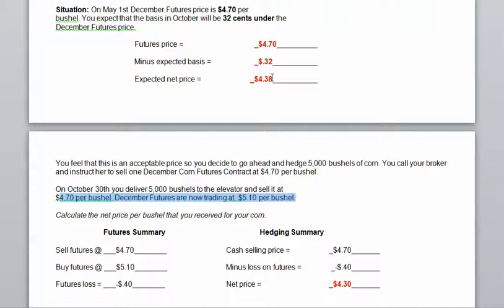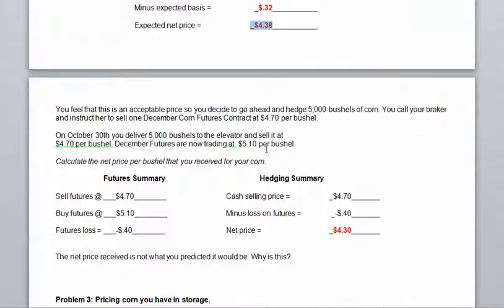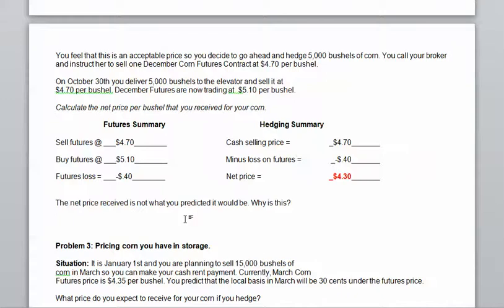Therefore, because basis widened, we received a net price that was 8 cents less than what we predicted. So the net price received is not what we predicted it would be. Why? Basis widened.